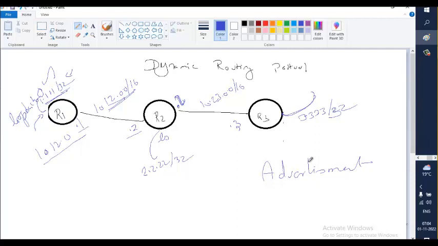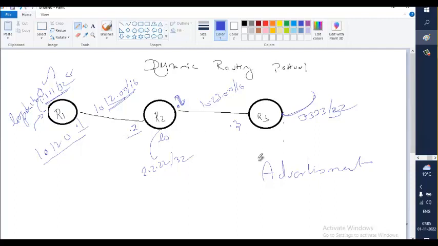So advertisement makes the other router learn about this router. This router advertises whatever it has got. That's all. Likewise, the other router advertises whatever it has got, and this router will learn it. Through advertisements, we call these route updates.